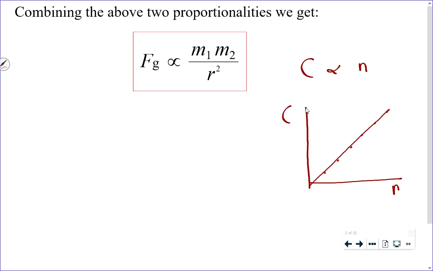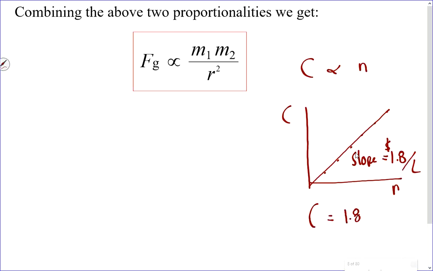And that I can turn this proportionality statement into an equation if I knew the slope of the line. Because y equals, not proportional to, y equals slope times x. Well, if the slope is determined to be $1.8 per liter, then my equation is this. Would you agree?